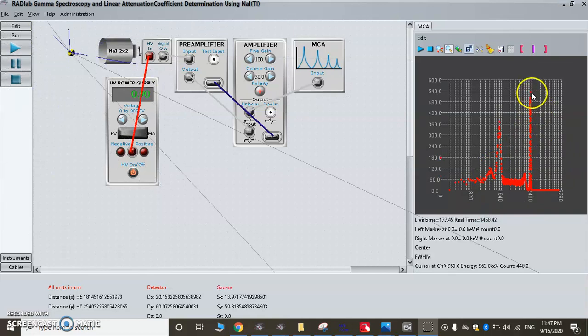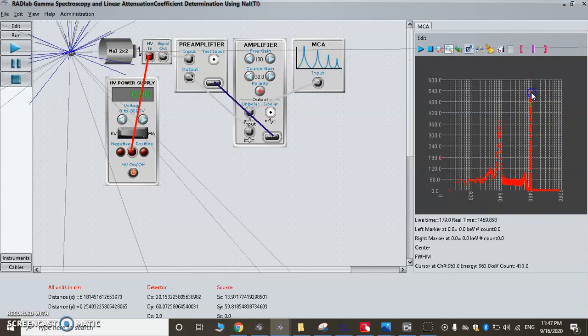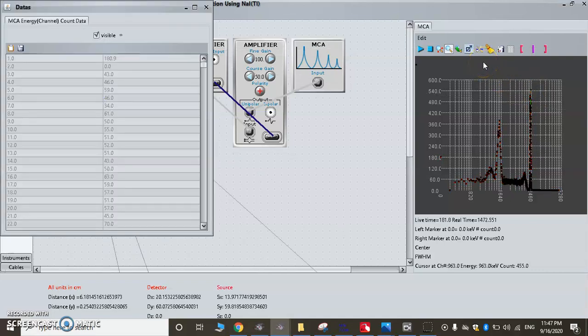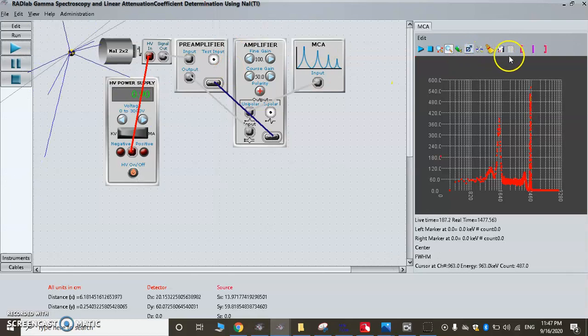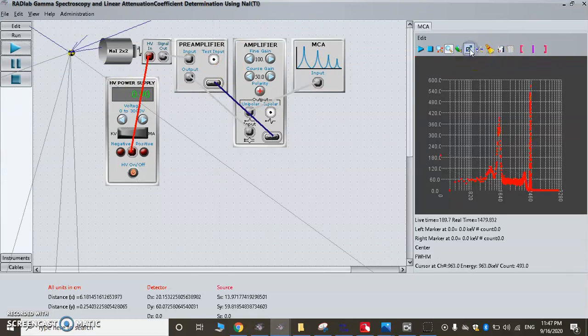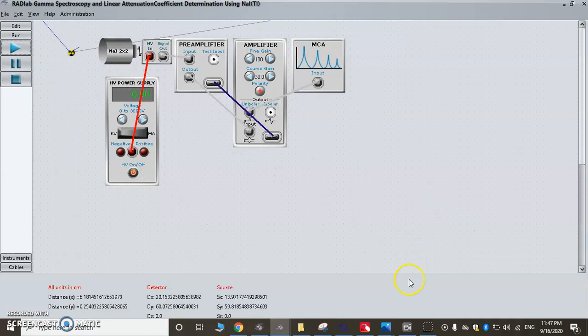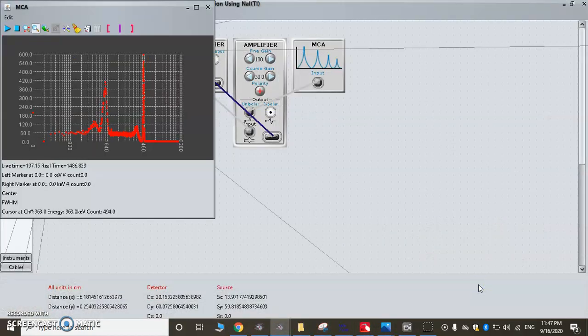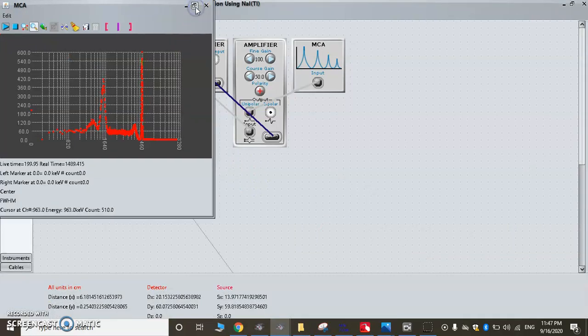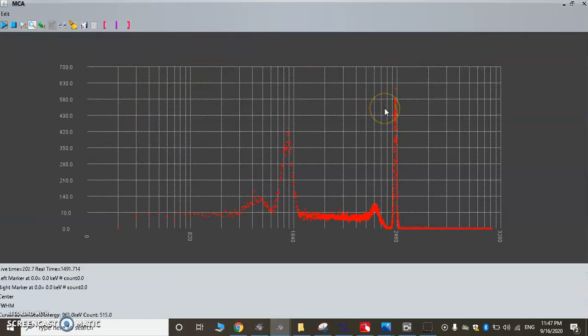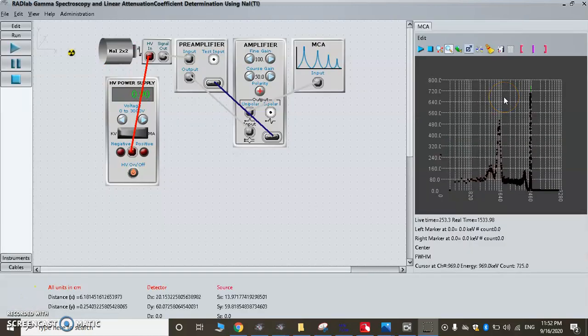So here is the peak. We can enlarge it using this. So this is our cesium 662 kiloelectronvolt peak.